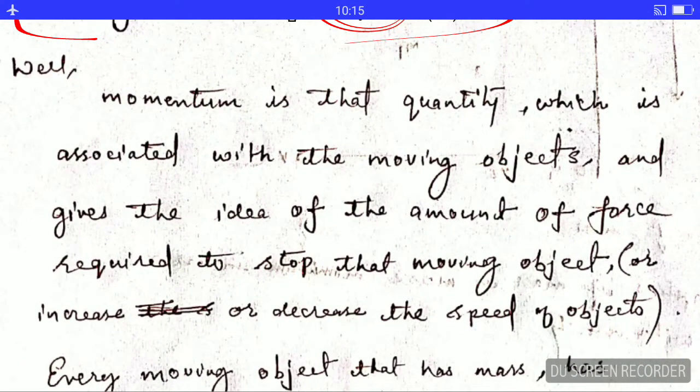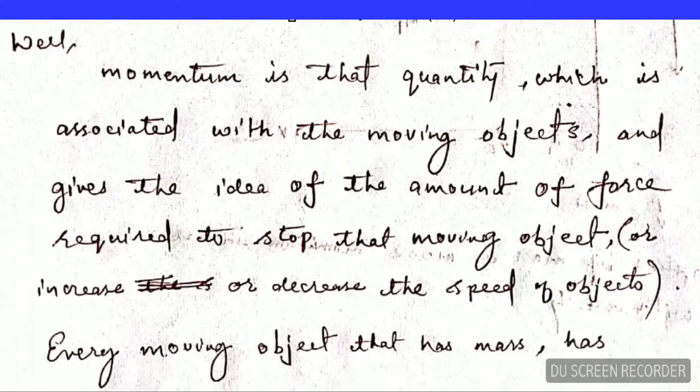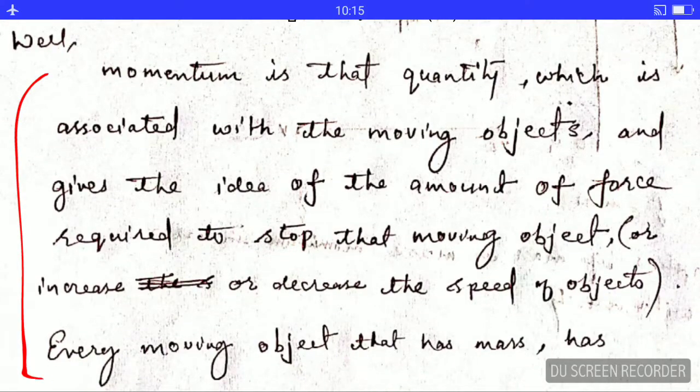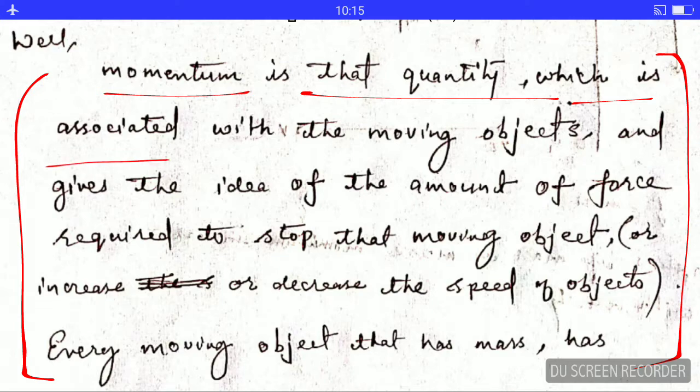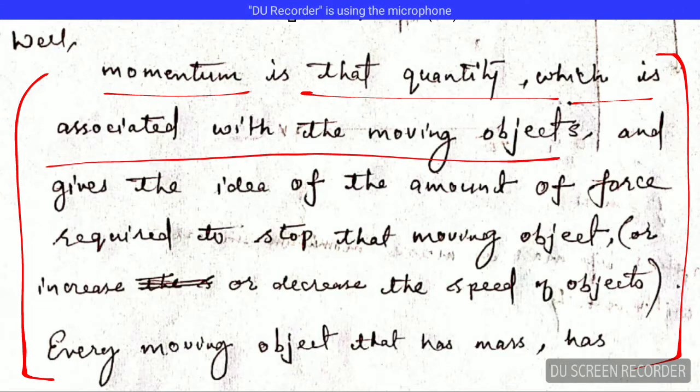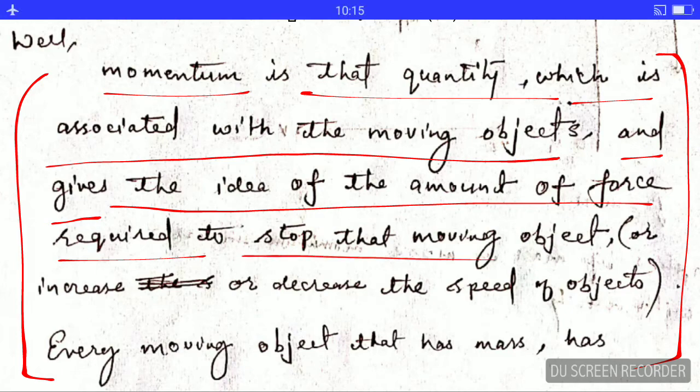First, let us define the meaning of momentum. Momentum is that quantity which is associated with moving objects, and it gives the idea of the amount of force required to stop that moving object.